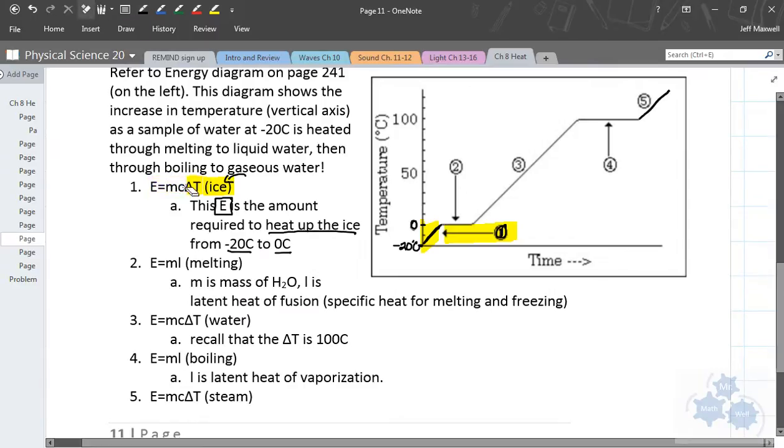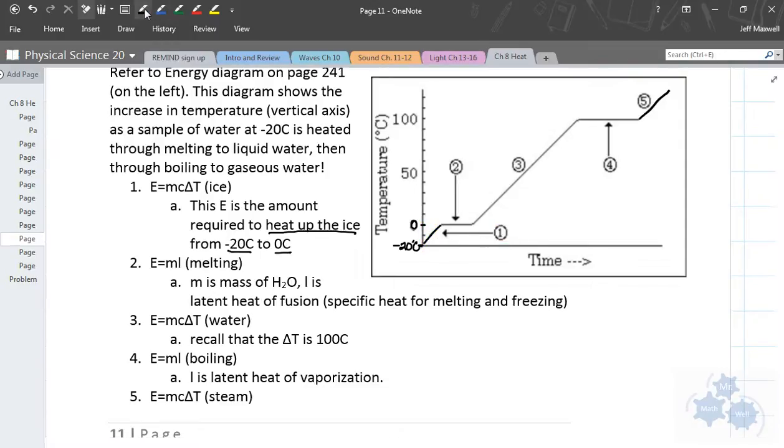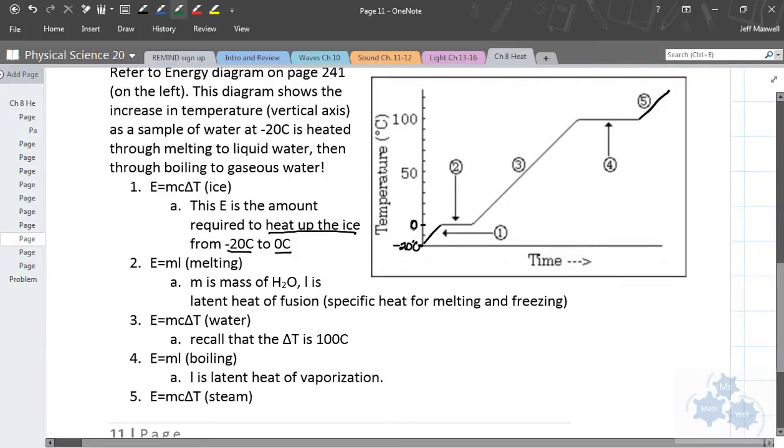Now we move to the second section. Let's take a look at number 2. This section here is associated with the phase change from solid to liquid. And this is where we use the formula E equals m times L. We're given the mass in the original question, and we use the same mass. You see that? It's always the same mass.